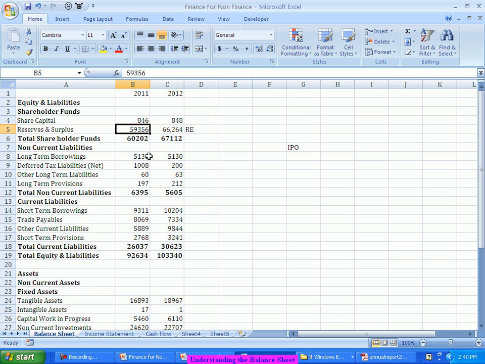Some premium could be there over the price, and so on. Now, whatever those people who purchased during the IPO paid for it, that entire amount came into the company itself. The 10 rupees per share came into share capital. Whatever the remaining 30, 40 rupees per share, it came into the reserves and surplus.